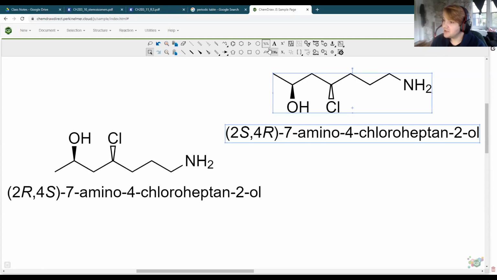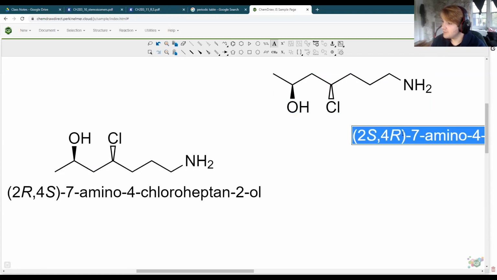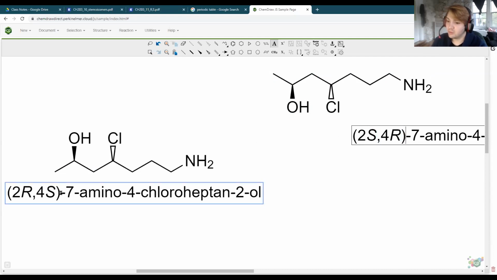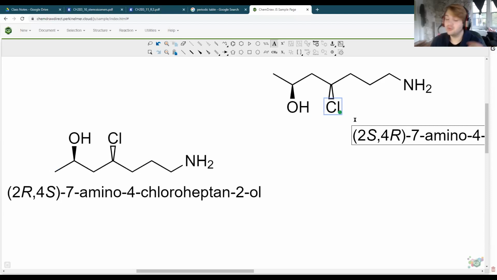So you have to be careful, because if you look here, if they drew it downwards, they drew it opposite to how you did it. And look at how the name changes: 2S, 4R versus what it should be, 2R, 4S. So if you're doing these problems with a friend, or comparing answers, or looking at a book that has a different answer, it could be because someone drew up when you drew down.